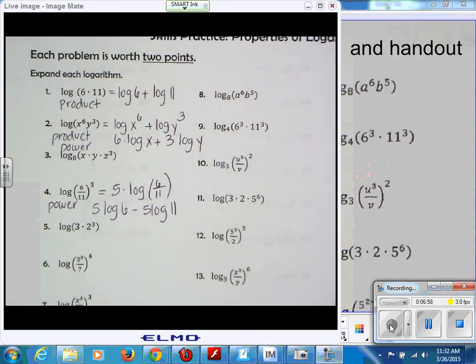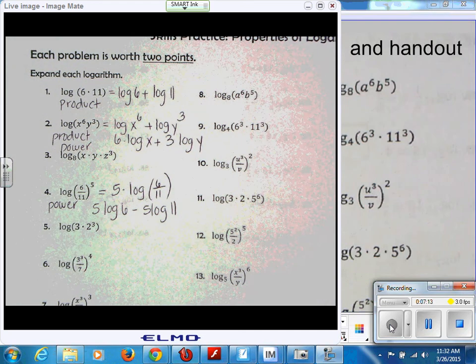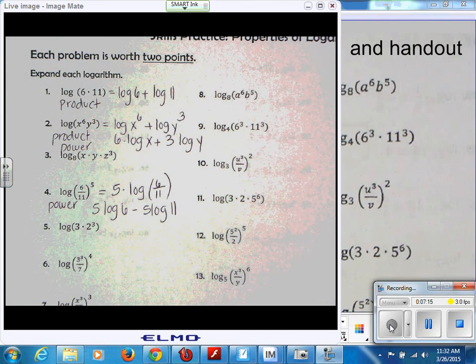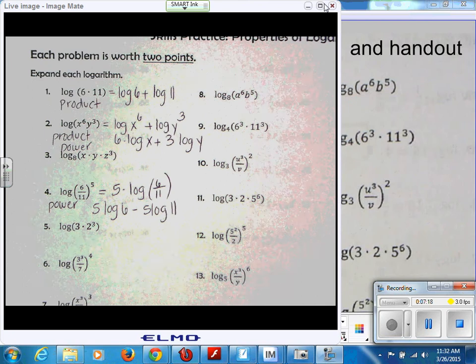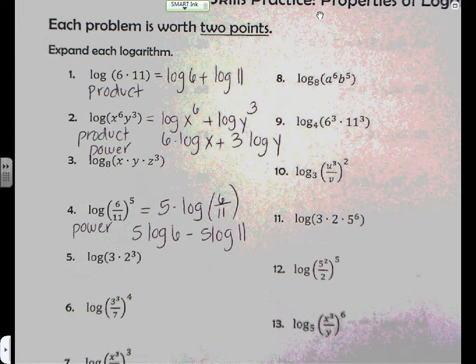Okay, number 5, 6, 7, 8 are all like problems you've seen before. Number 9 starts changing a little bit. What is 6 to the power of 3? Okay, you could simplify that or just take it to the front. You can use the power rule.